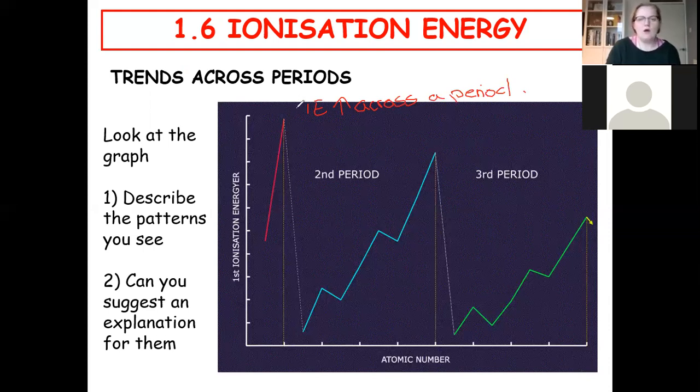So why does this happen? Well, if we think as we go across a period, our atoms are getting smaller. So what is happening there? Well, what happens here is our atomic radius is going to decrease. So our proton number is going to increase.